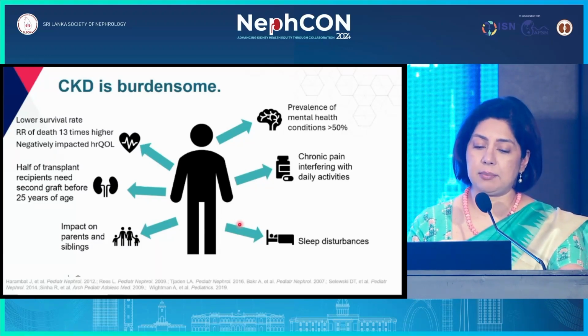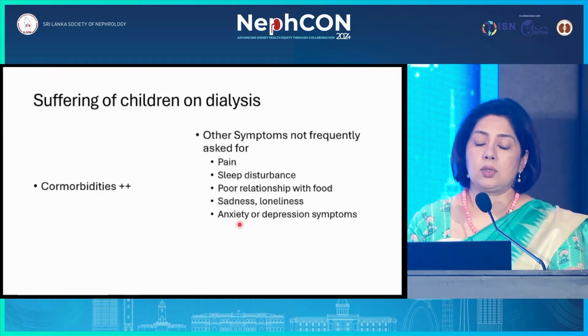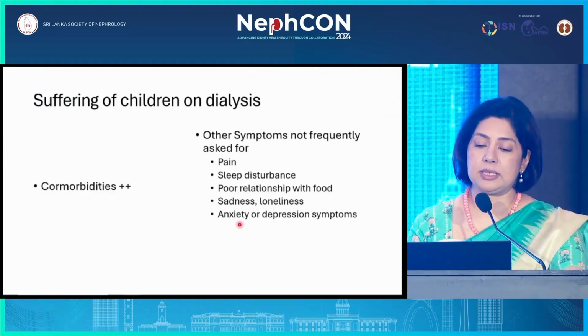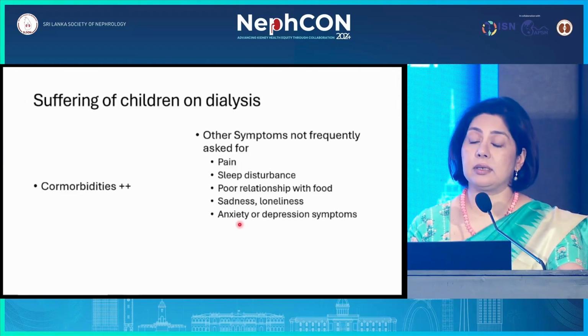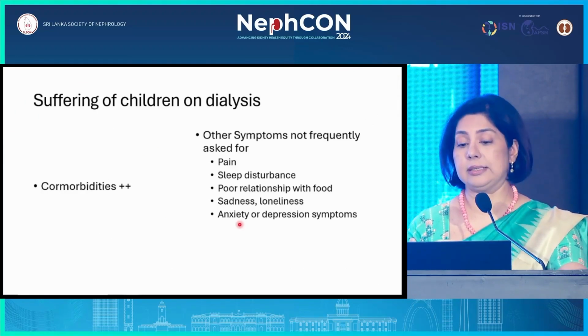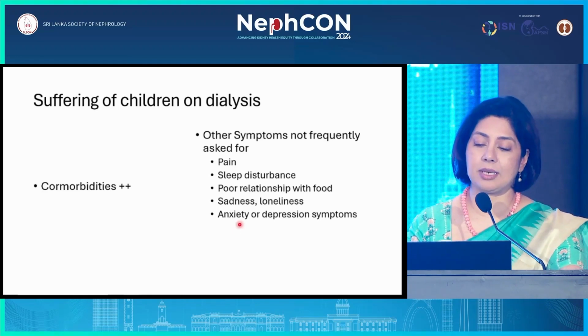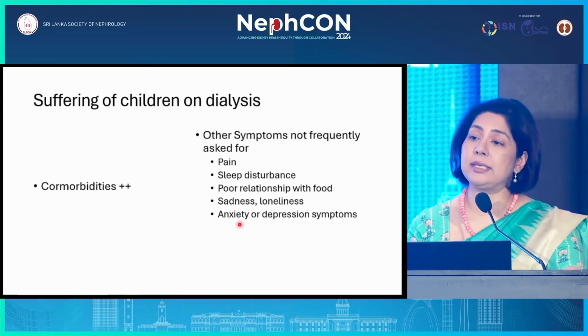There's significant impact on parents and siblings. Children may have chronic pain, sleep disturbances, and other symptoms. So while we know the traditional comorbidities, what symptoms we often don't ask for, at least I haven't, but I'm learning to, is whether they have pain. And it's not pain on the day of the clinic appointment.